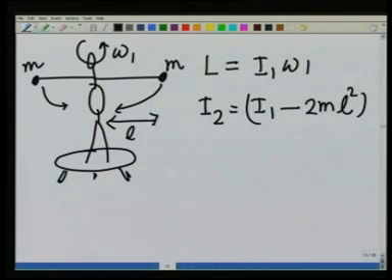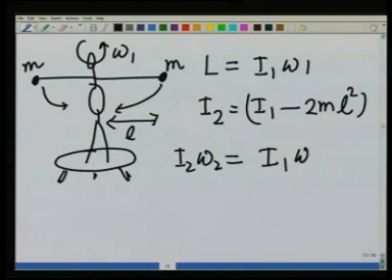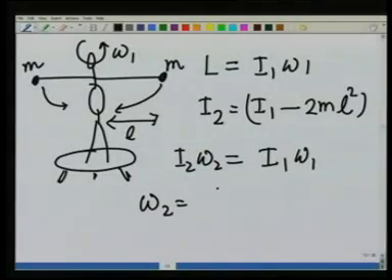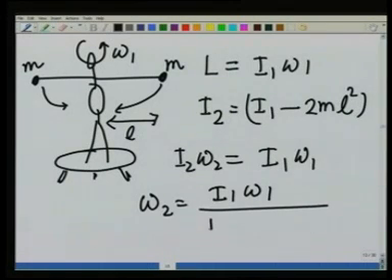So, I2 omega 2 should be such that the angular momentum remains unchanged. After all, when I am moving my arms in or out, the other forces applied by my joints are internal to the system, and therefore omega 2 becomes I1 omega 1 over I1 minus 2 m L square.